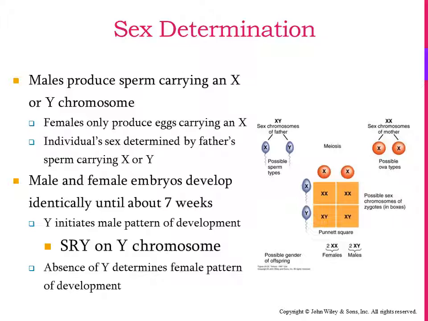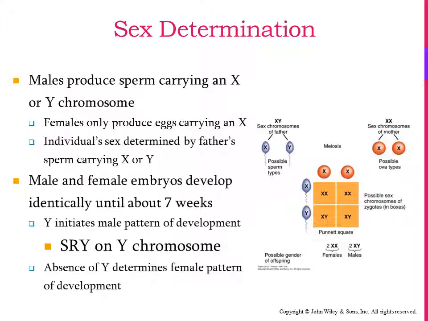So when the gametes are formed in the male during spermatogenesis, the gamete can either carry an X chromosome or a Y chromosome. The father always produces sperm with either an X or a Y, depending on how they segregate during meiosis. Females can only pass on X chromosomes.